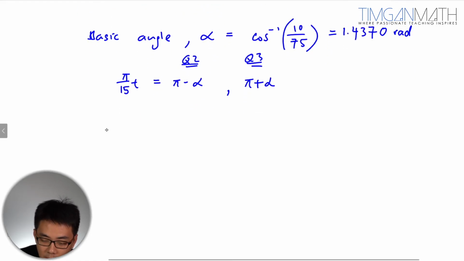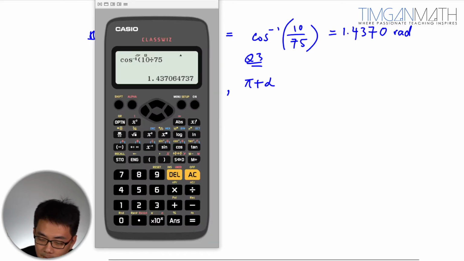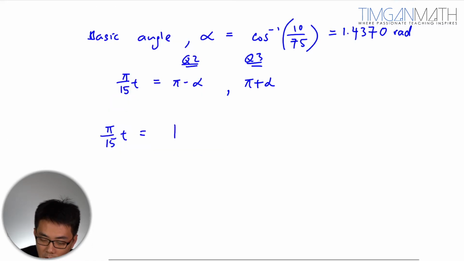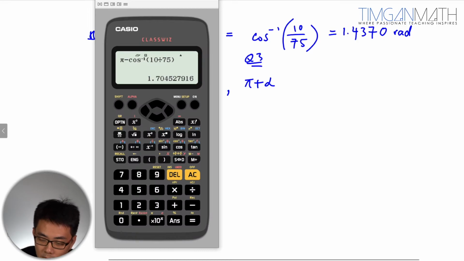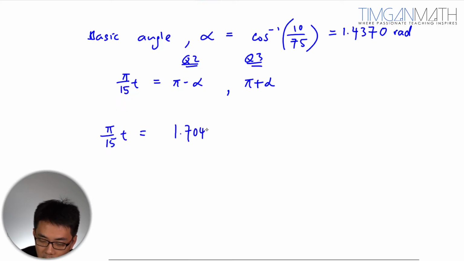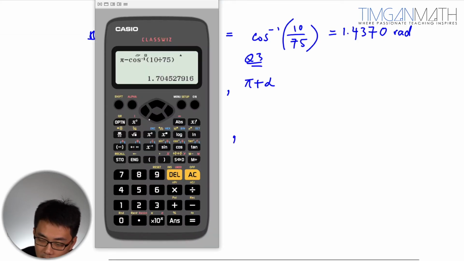So in this case here, what we get is pi over 15 t equals to pi minus alpha, 1.7045, and pi plus alpha will be 4.5786.